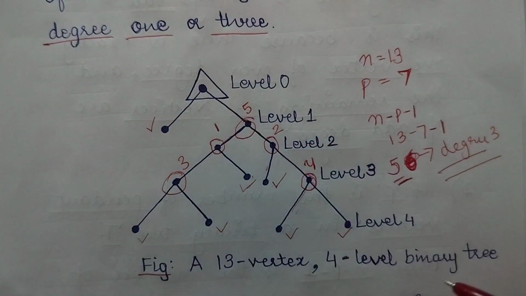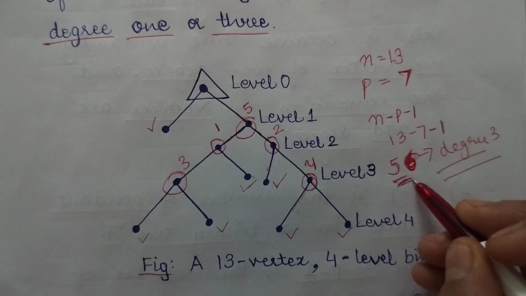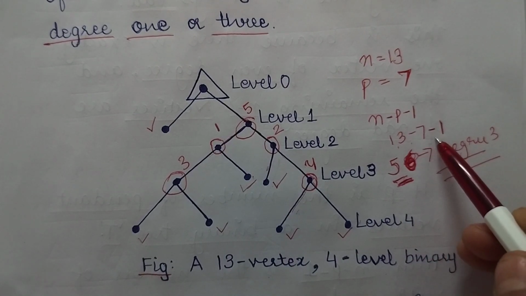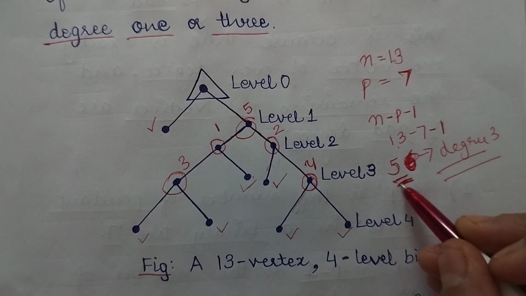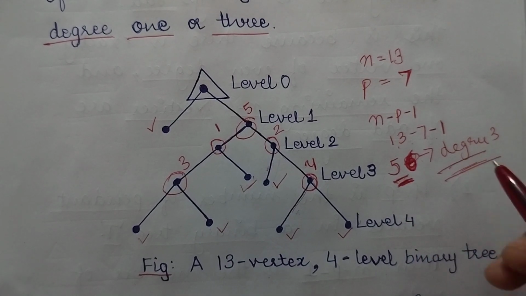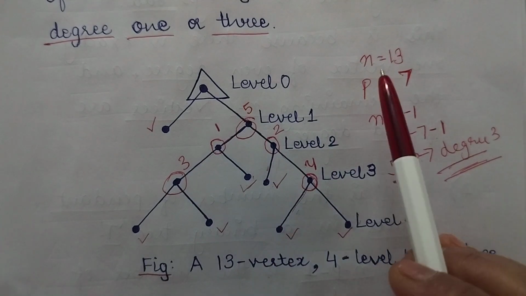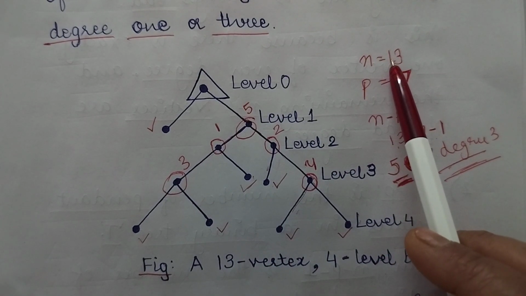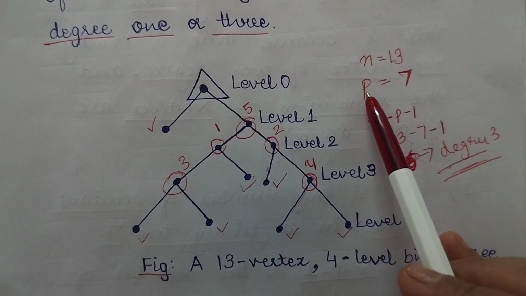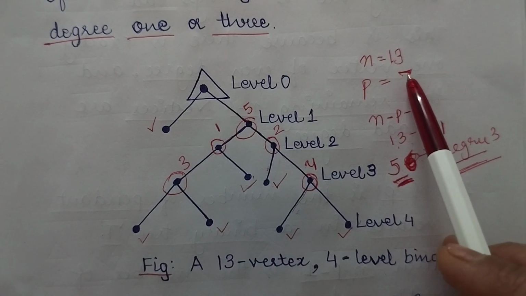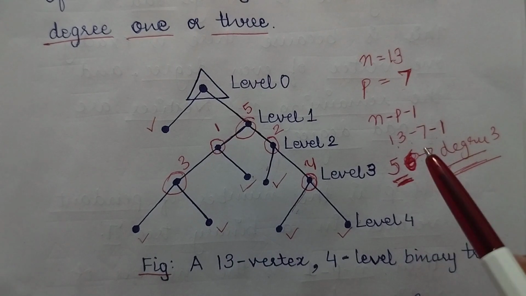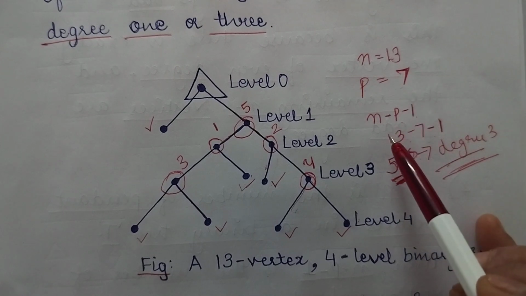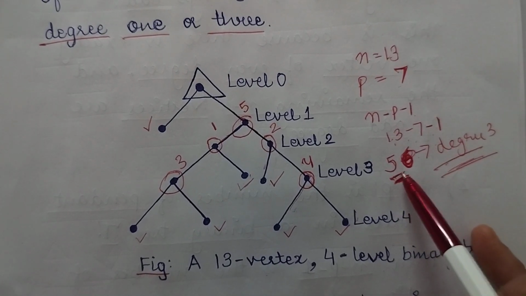In total, I have 5 vertices with degree 3, and this is what it says, that the total number of vertices with degree 3 here is 13 minus 7 minus 1, which gives me 5. If n is the number of vertices, that means there are 13 vertices, and p is the number of pendant vertices, that means 7 pendant vertices, then the number of vertices with degree 3 will be n minus p minus 1, which in this case is 13 minus 7 minus 1, which is equal to 5.